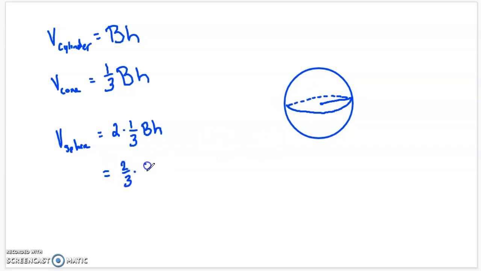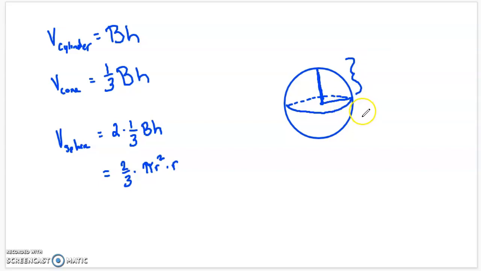The area of our base is still pi r squared, but now we don't have just a height of a prism, we have to think in terms of radius. So we really just have another radius here. But if we're thinking about another radius, we're really only considering this half of our sphere, right?